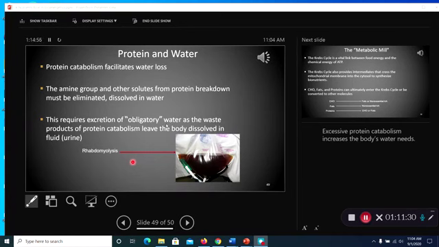You have some delayed onset muscle soreness, but you can damage muscle to the point where the body's forced to deal with the protein that's been made available, right? And so this was a consequence. They ended up in the ER due to rhabdomyolysis.